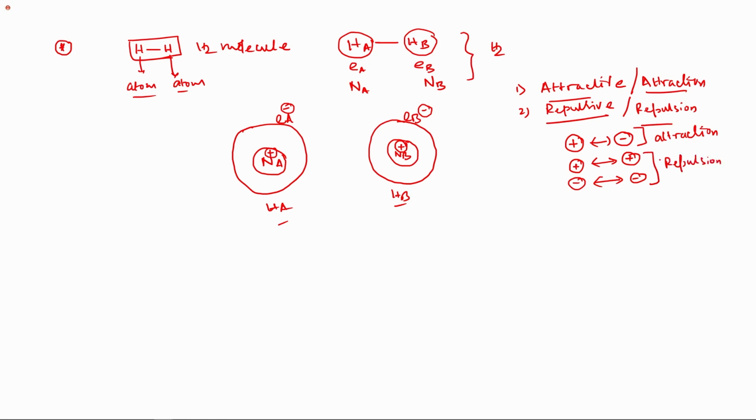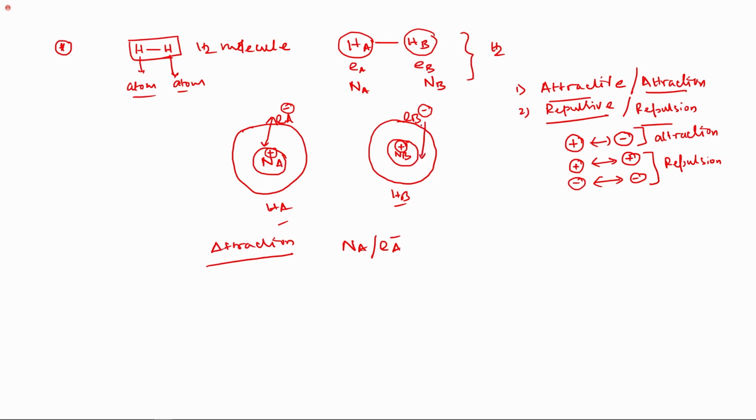Okay, so if you see, these are the two different atoms HA and HB. So attraction is present between its own nucleus and the electron. Attractive force is present between N of A and electrons of A. This is one attraction.